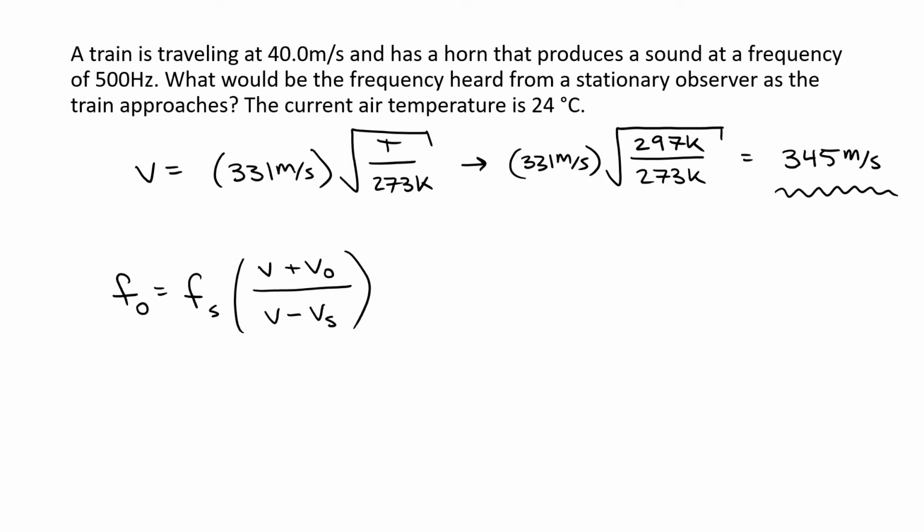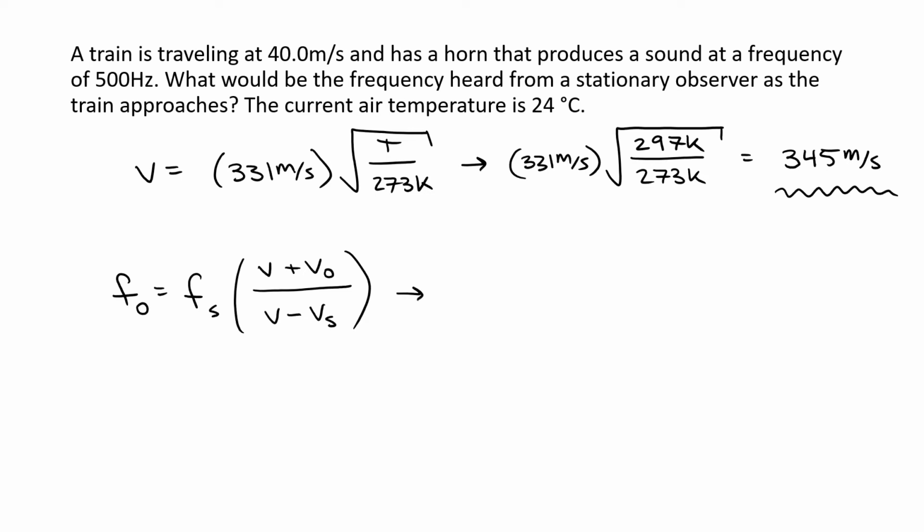And I don't have to switch anything because the train is moving towards the observer. If the train was moving away from the observer, I'd have to switch the signs.